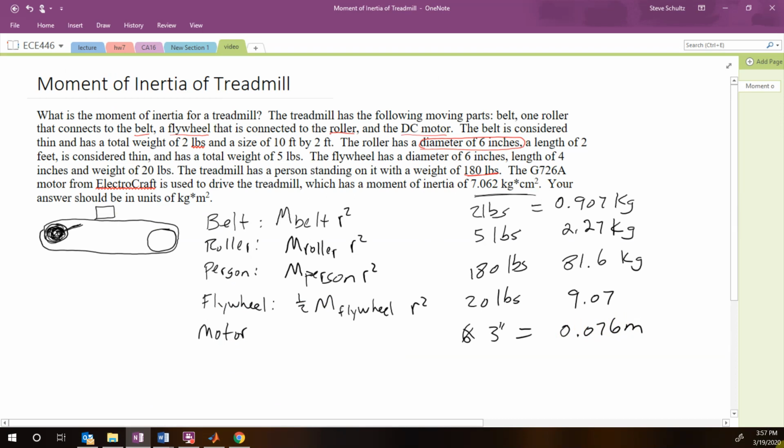And then we just have to plug all the values in. Okay, now we just have to add all of the pieces up. So let's start with the belt.